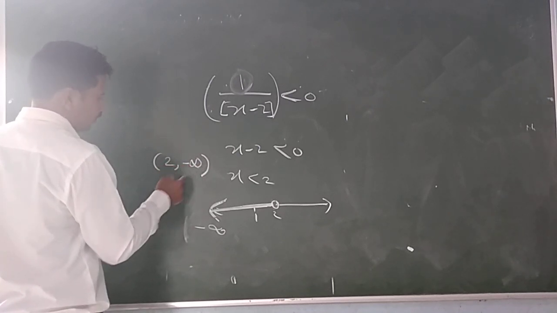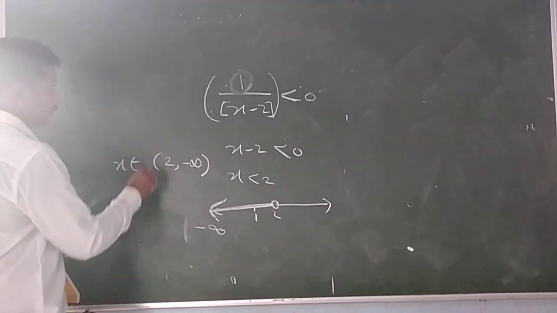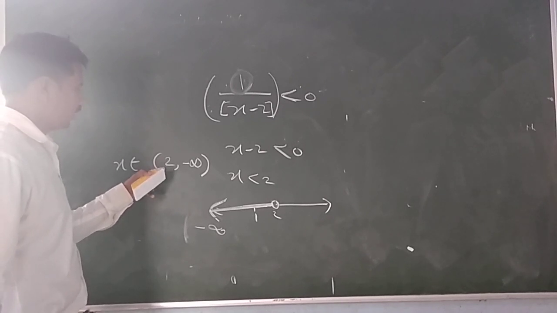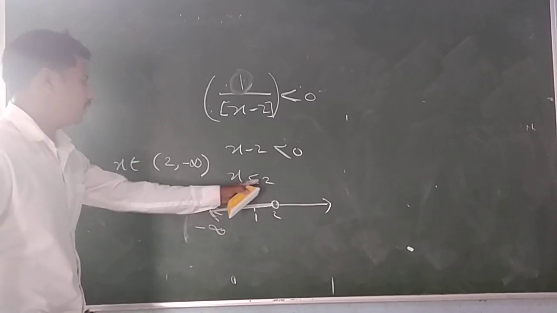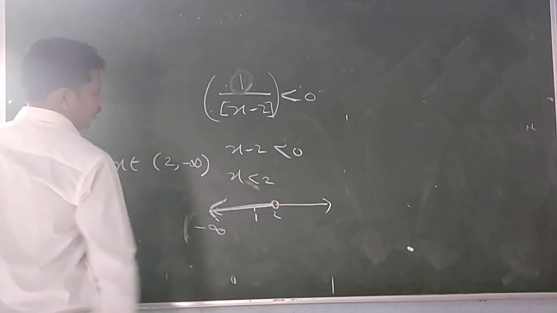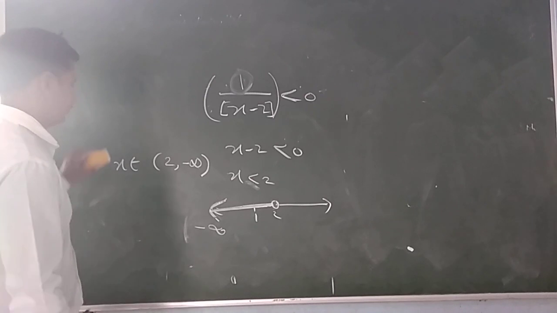So x belongs to the interval between these two. 2 is not included because it is only less than. If it were less than or equal to, you would make a dark circle and put a square bracket.